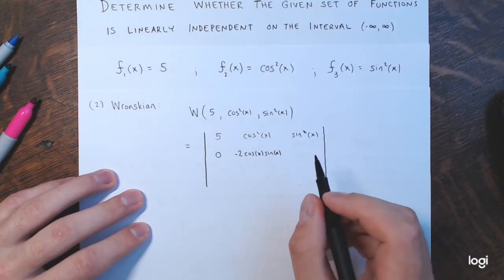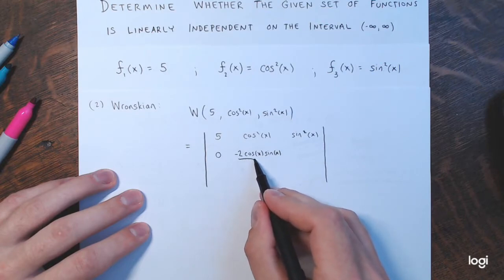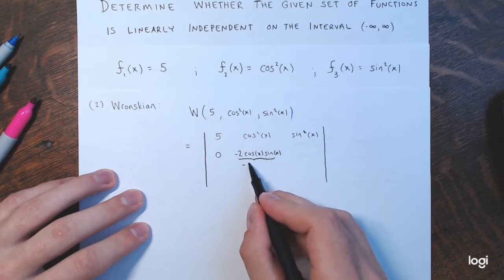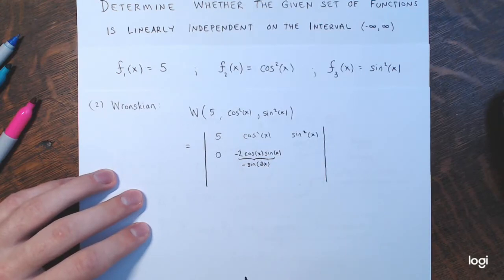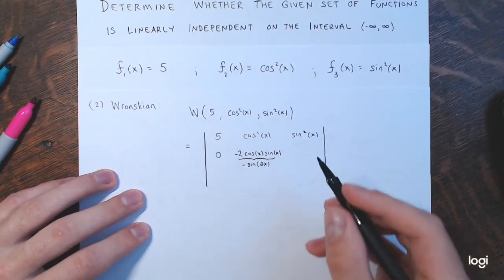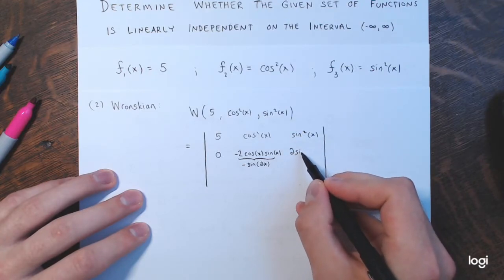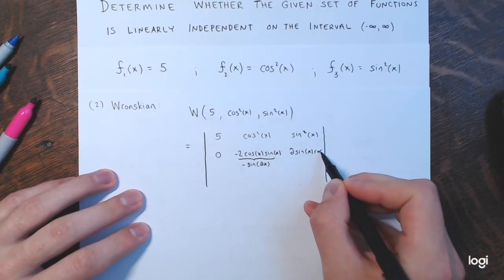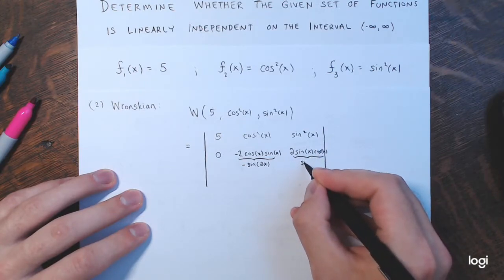and really this is the same thing here as negative sine of 2x, right? 2 cosine x sine x, and this would be 2 sine x cosine x, which is again just the same thing as the sine of 2x.